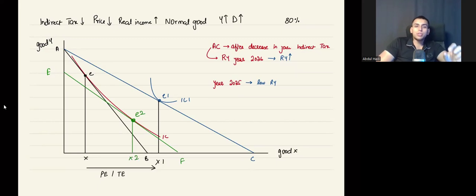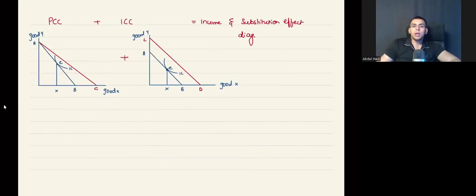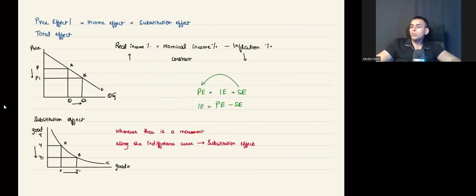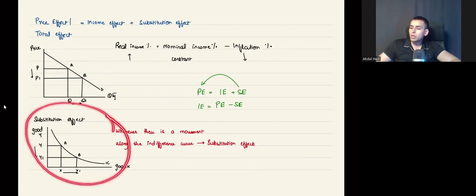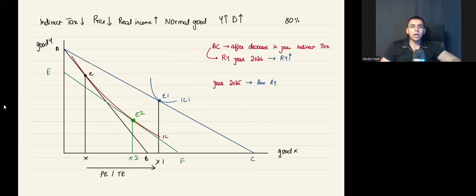Now I have to distribute my price effect into my substitution effect and my income effect. At the start of this class, I told you that whenever you are traveling along one indifference curve, you will always get the substitution effect. According to this diagram, this is the one indifference curve that you are traveling across from E to E2, creating two equilibriums.